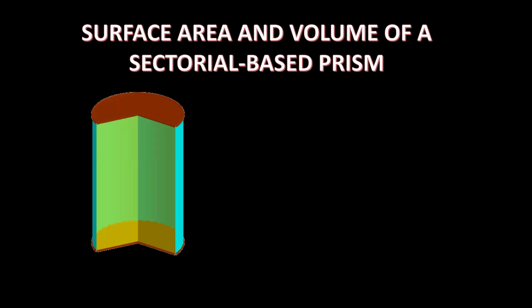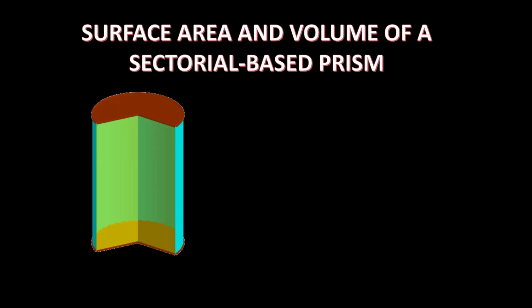We have the cylinder, or we use a triangle to form the base of a prism to give us a triangular base prism. But we want to explore a bit further to look at what happens if we use a sector as the uniform cross section of a prism.